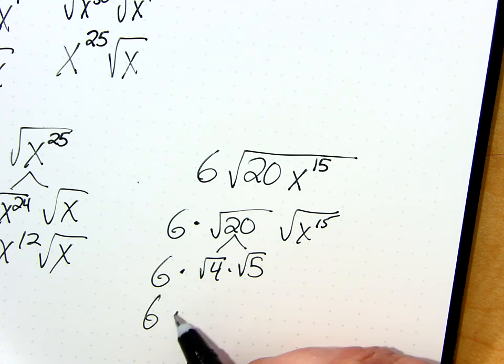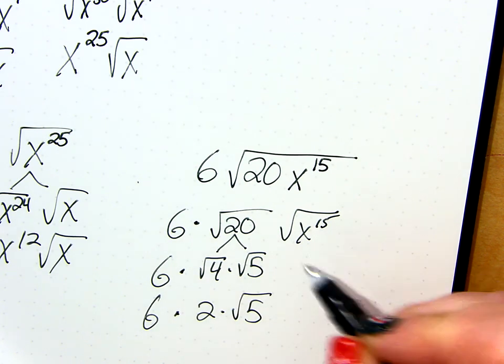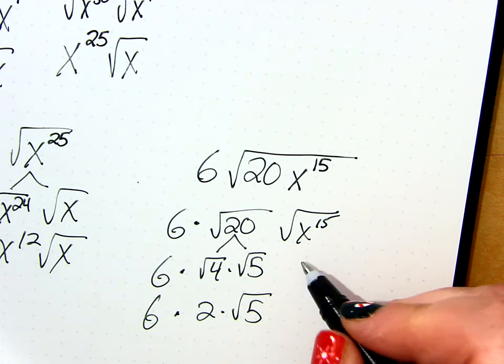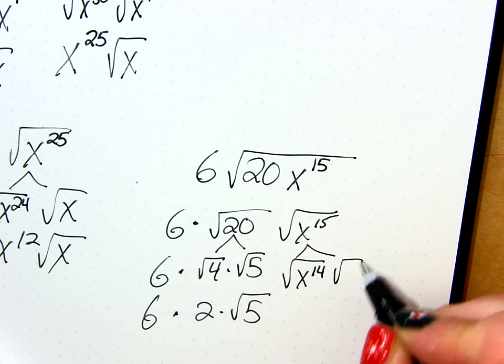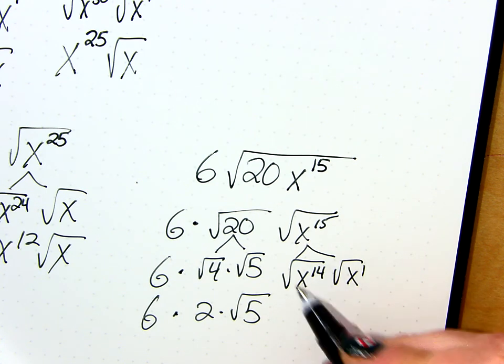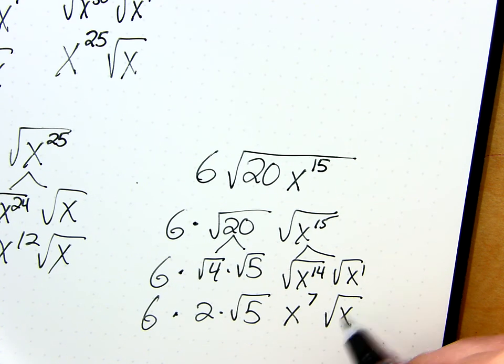So that's going to get me 6, that's a 2, and then just bring down that square root of 5. X to the 15th, not a perfect square, but I split it up into x to the 14th and x to the 1st. So this is now x to the 7th, and then that just stays.